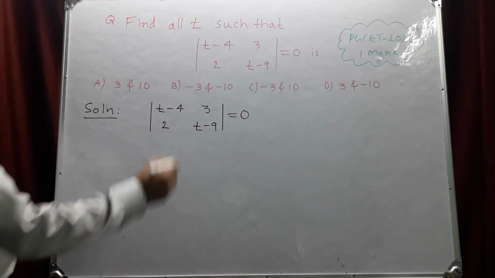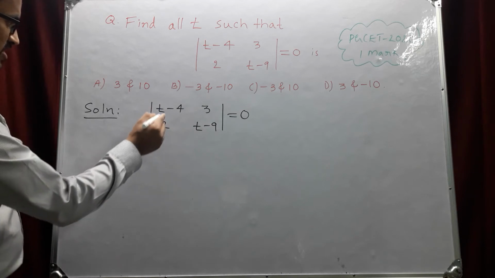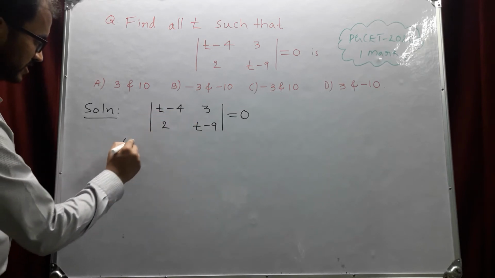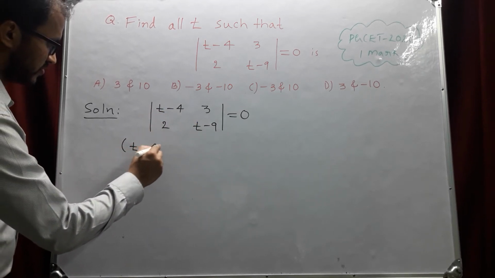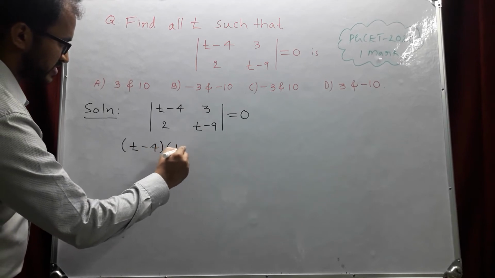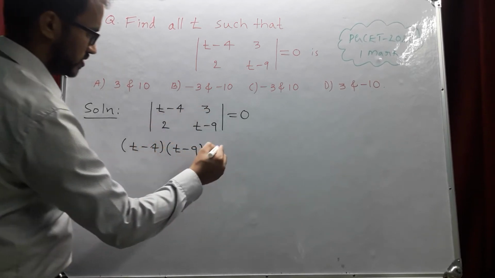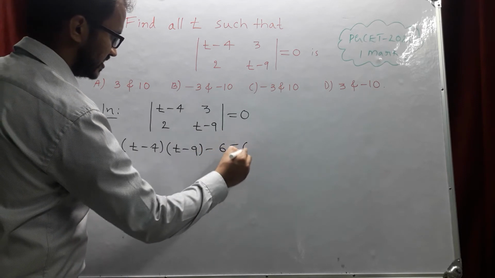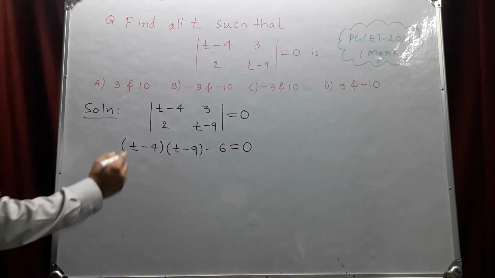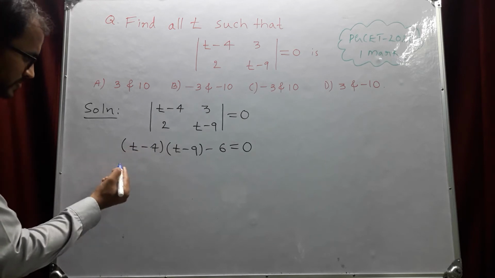Expanding the determinant. If you expand the determinant, so this into this, that is t minus 4 into t minus 9 minus 3 into 2, that is 6 is equal to 0. So expand.